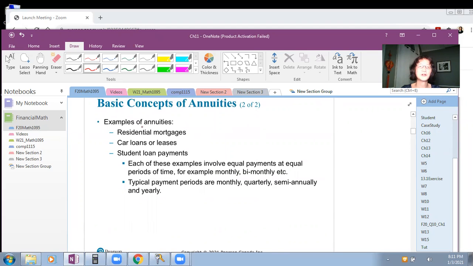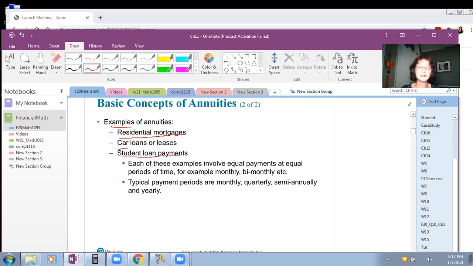Examples of annuities: if you are buying a house, the chances are you are going to borrow money from the bank. So you apply for a residential mortgage, and then you make monthly payments usually. If you're buying a car, you can apply for a loan and make monthly payments.